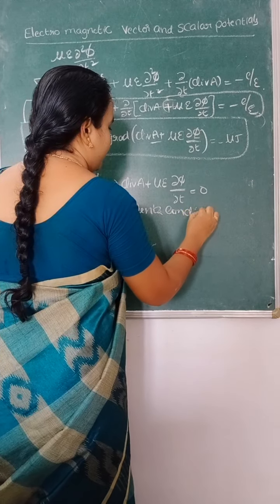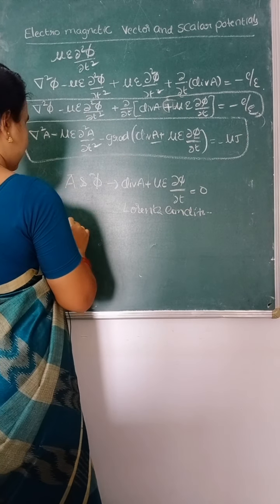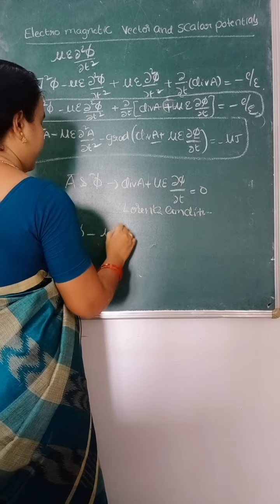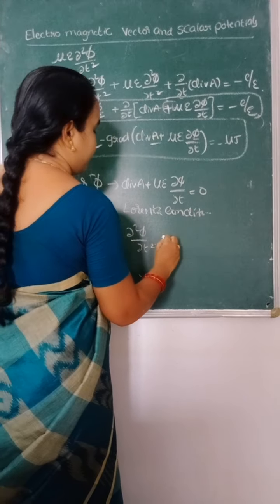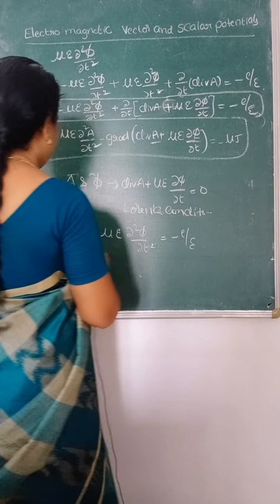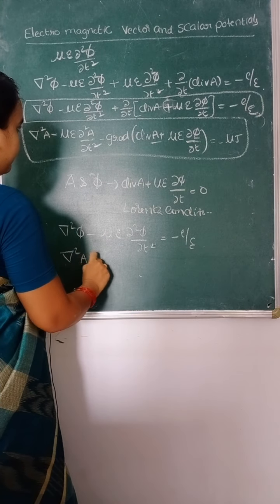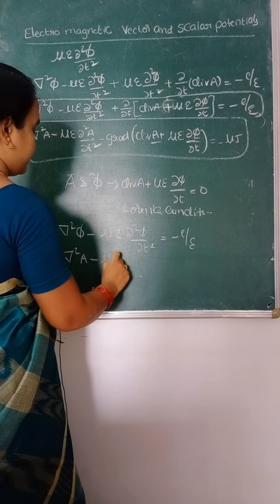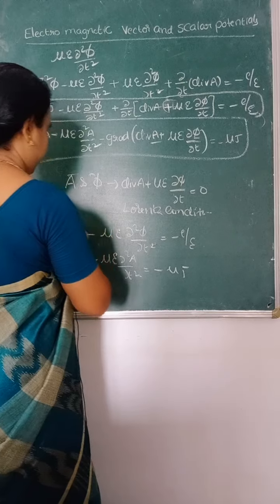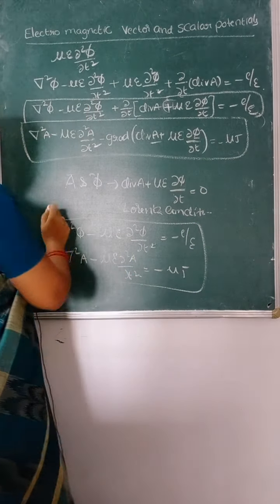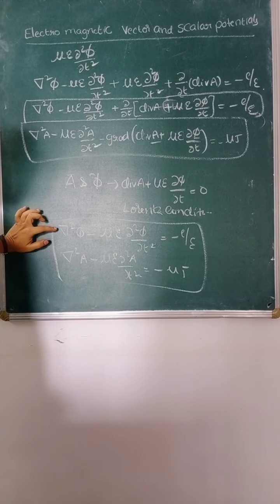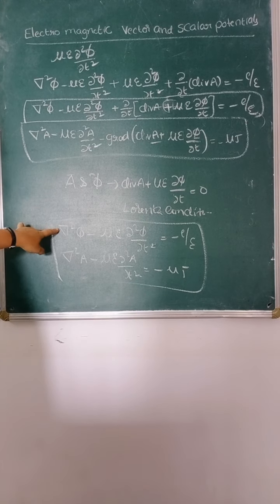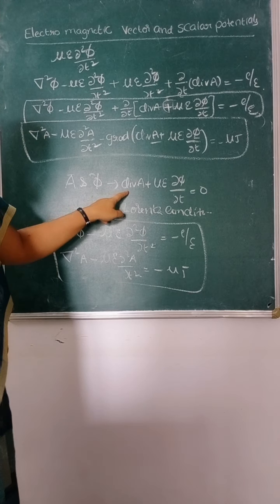Then the above two equations will become del square phi minus mu epsilon dou square phi by dou t square is equal to minus rho by epsilon, and del square A minus mu epsilon dou square A by dou t square is equal to minus mu j. Then these two equations will be converted into these two equations if they satisfy the Lorentz condition.